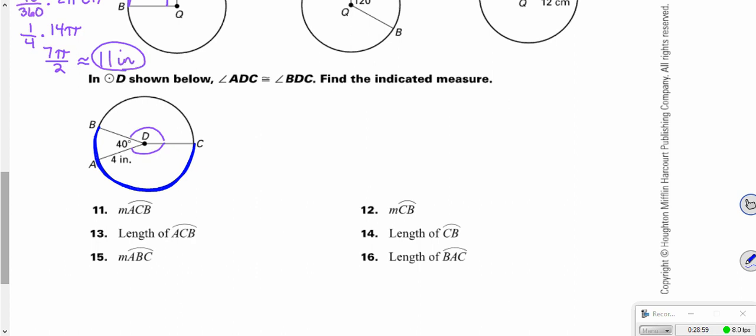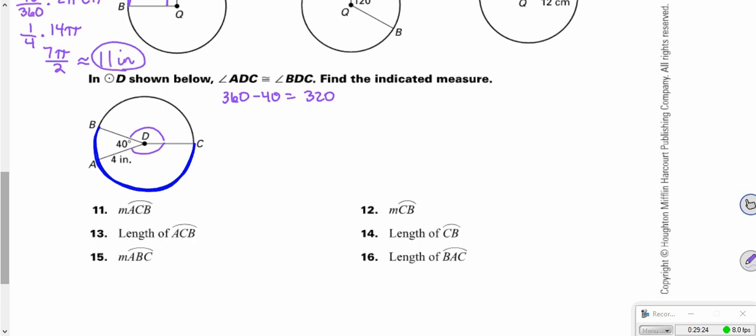Now, how could I find, first of all, that central angle of that major arc? Well, let's go back up to my purple angles here. I know that if I take 360 and subtract 40, I get 320.